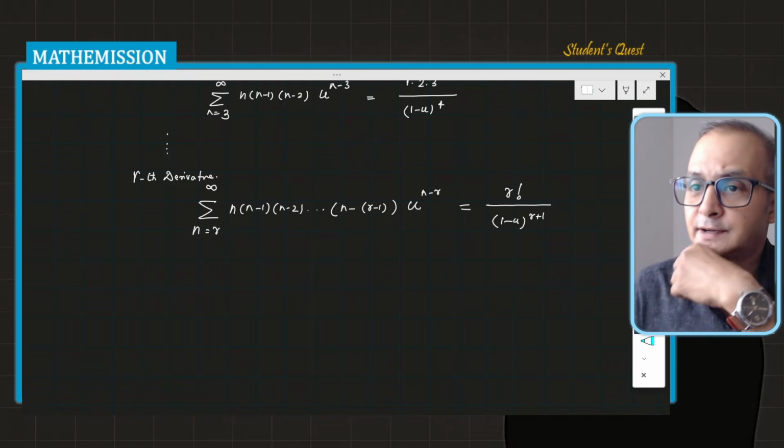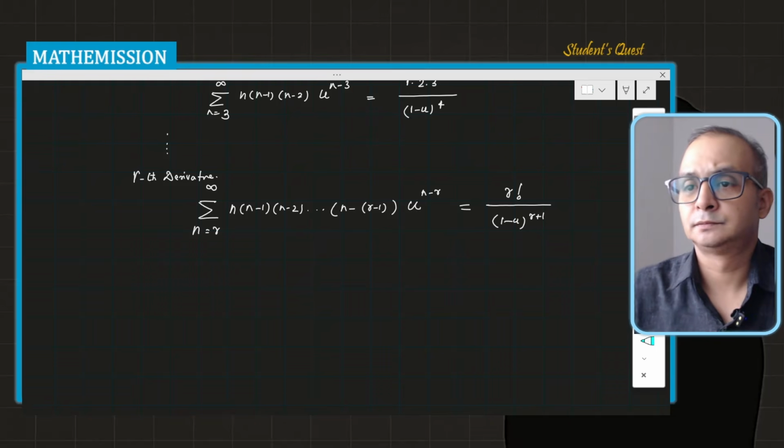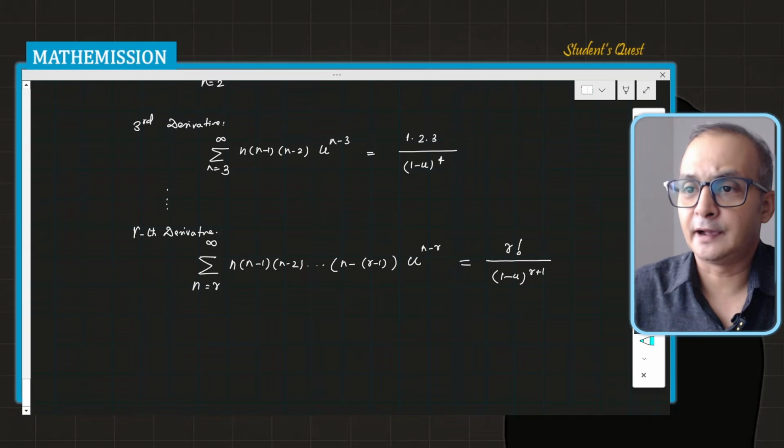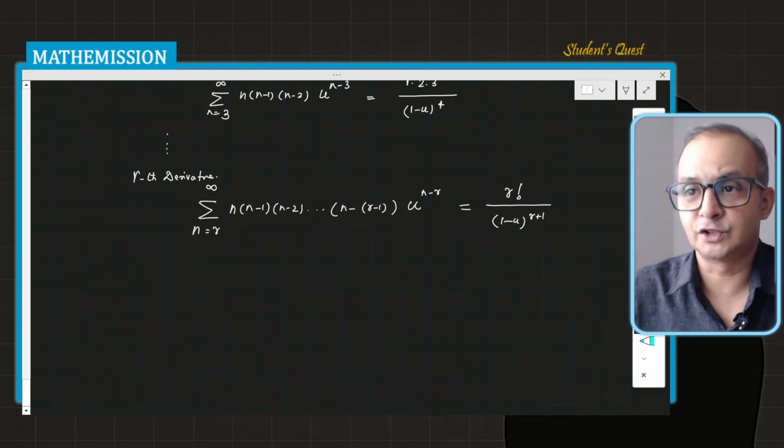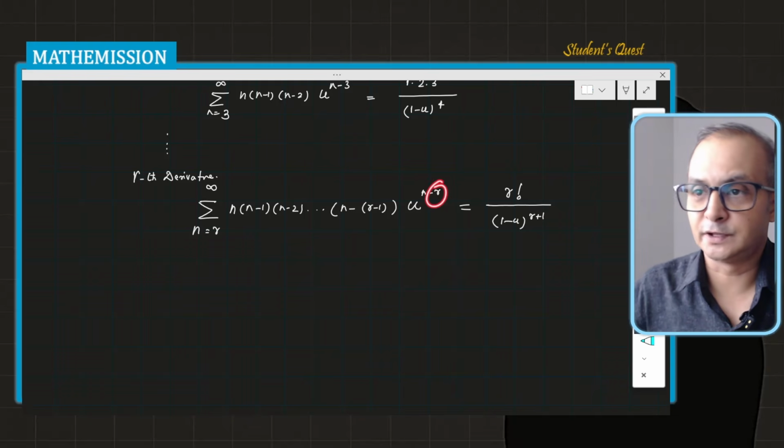So before that, I want this u to the power r, let's say I'm adding u to the power r both sides, means multiplying u to the power r, because I don't need this minus sign.